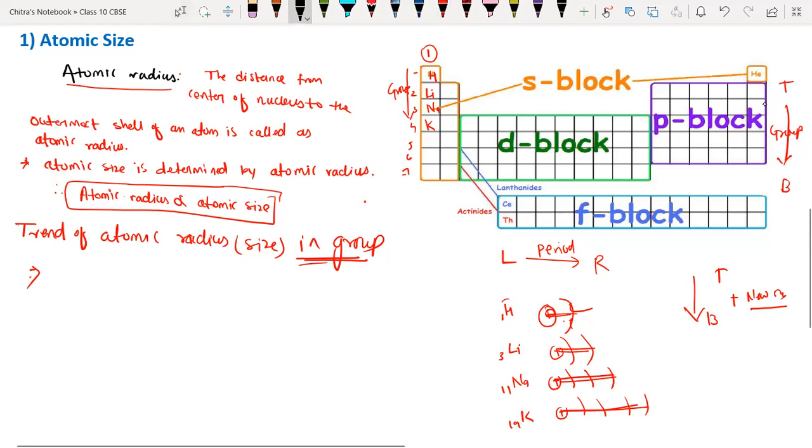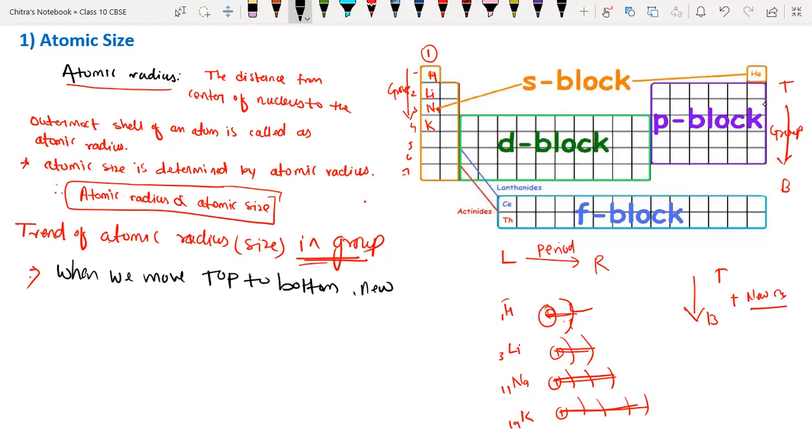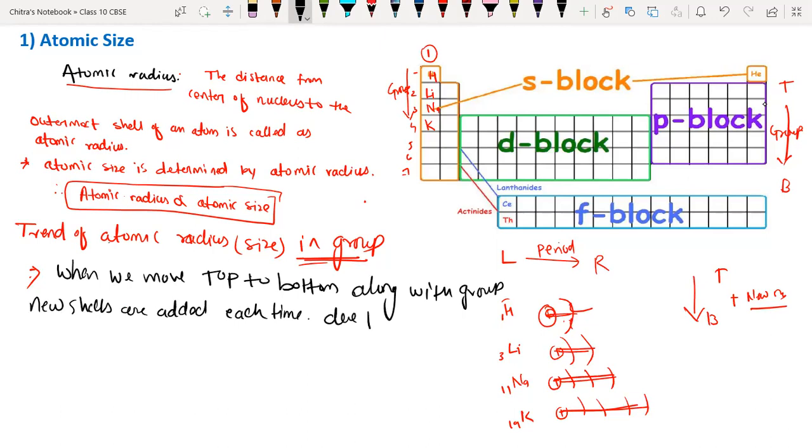So now I'm going to write here: when we move top to bottom along a group, new shells are added each time, due to which atomic radius increases.